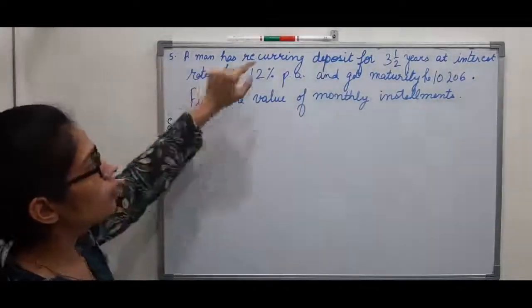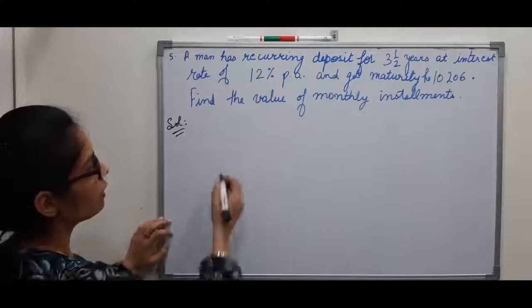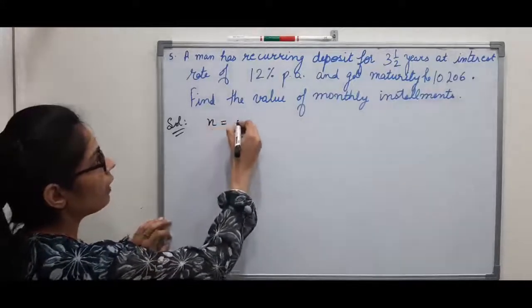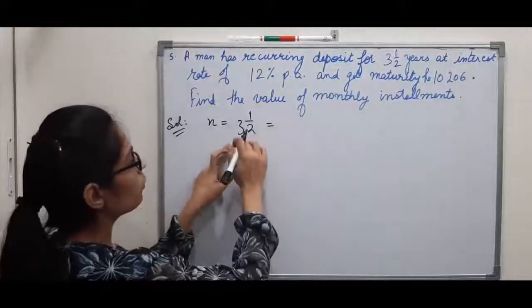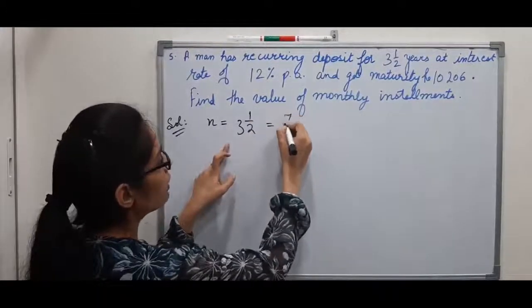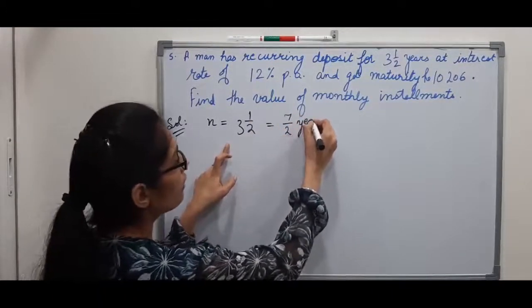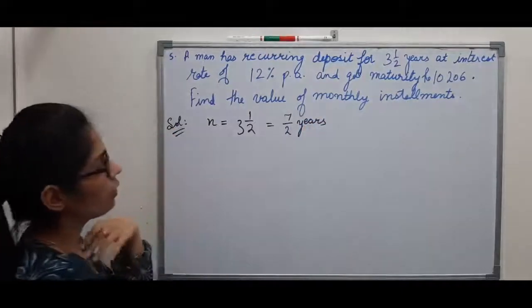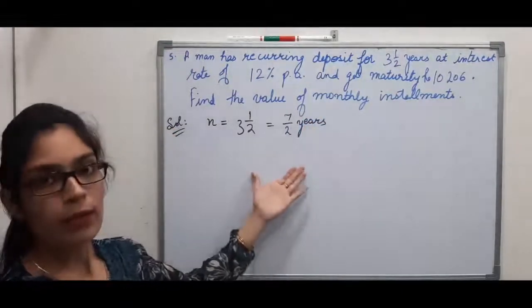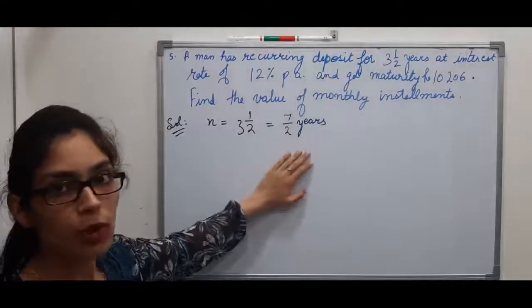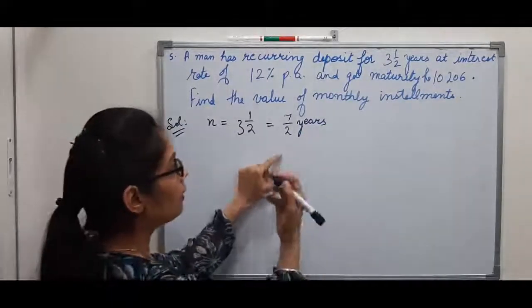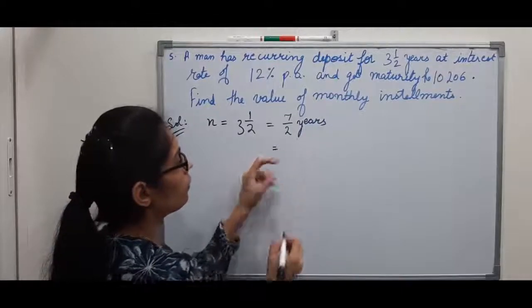A man has a recurring deposit for 3.5 years. 3.5 means they have given us 3 into 2, 6, plus 1, 7, so 7 by 2 in years. I have already told you we don't have to take time in years. It should always be in months.